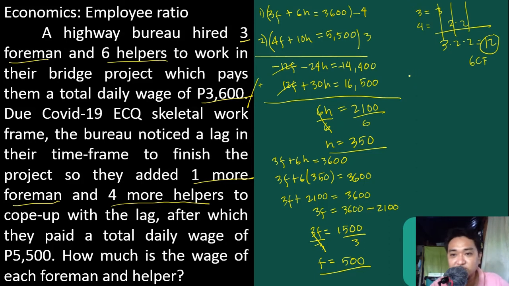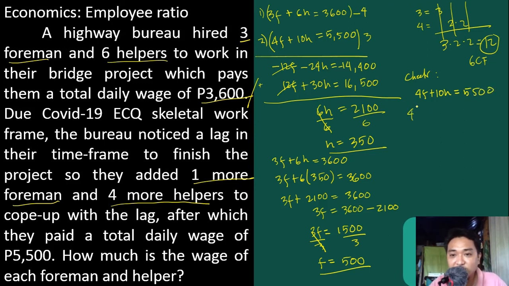Now, let us check kung tama yung nakuha natin by using, ito naman, the second linear equation, wherein the total wage of both foreman and helpers is 5,500. Tingnan natin kung tama yung nakuha natin. So, let's say 4F plus 10H is equivalent to 5,500.